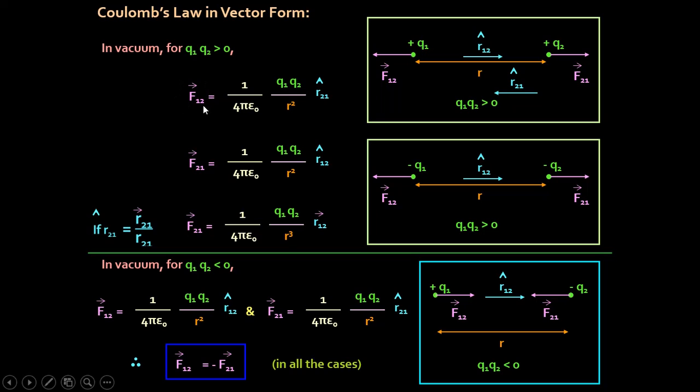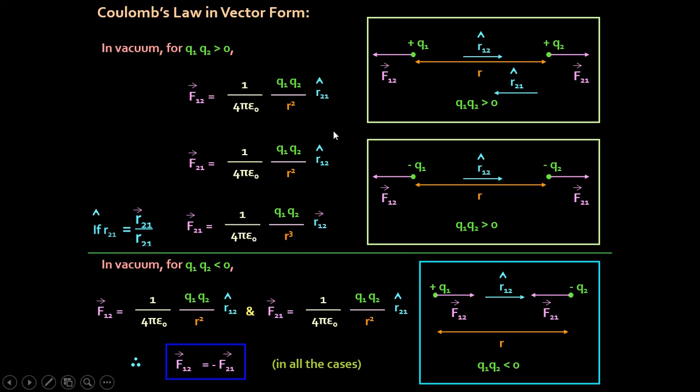So I am expressing F12 as a vector, so you should give the direction. F12 direction is given by R21. That is the reason R21 cap should be a unit vector. When you multiply with this factor, then F12 turns into a vector quantity.